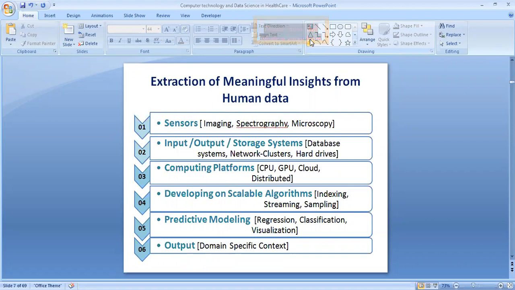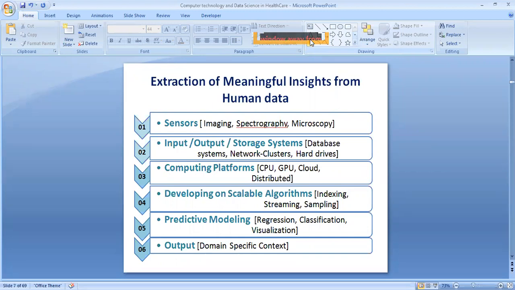Then the next stage is taking them to the next level, either giving them as input to a further analysis system, or storing them for the time being and later retrieving the signals that we have acquired and doing the analysis so that we arrive at some interpretation. We have several storage mechanisms also. Then the next would be the computations made on the huge amount of data that we have acquired.